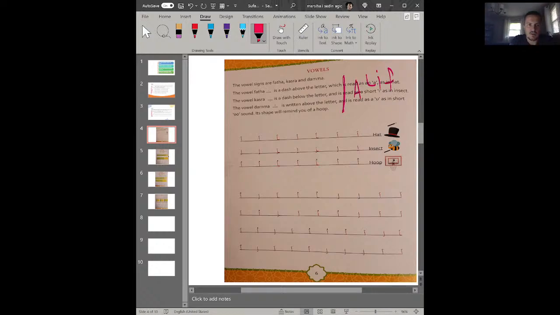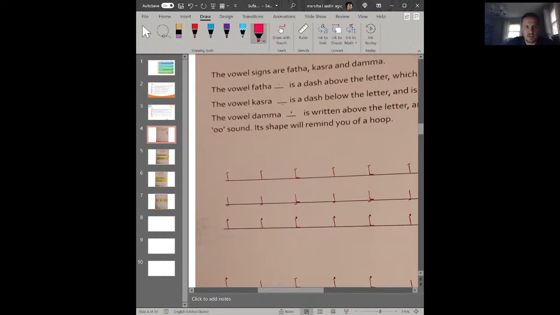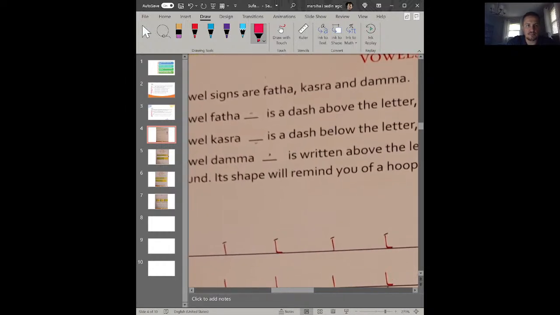So basically these are called, as you can see here, Fatha, Kasra, and Damma. We can say Fatha is always on the top of the letter, Kasra is always under, and Damma is always on the top. Damma is like a small comma.